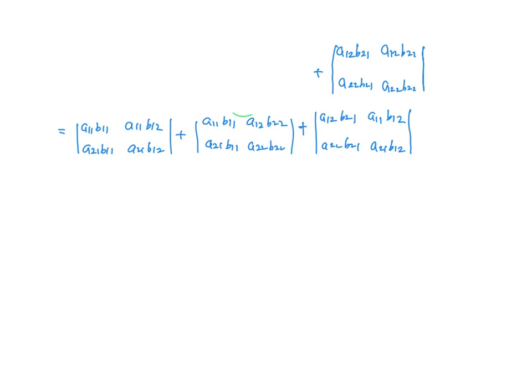So what happens if a particular column is multiplied by the same constant? Then you multiply the whole thing, right? So this is B11 times the determinant with A11, A21, A11 B12, A21 B12.